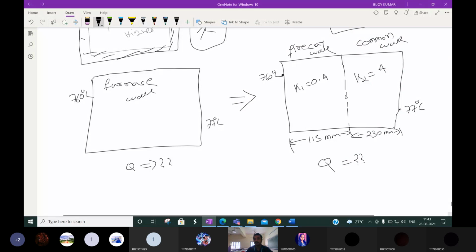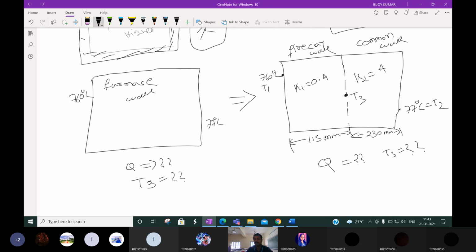Interface temperature means the temperature where the two walls are connected. Suppose this temperature is T1, this temperature is T2, this temperature will be T3. What is the temperature T3? It was asked: the interface temperature, what is T3?